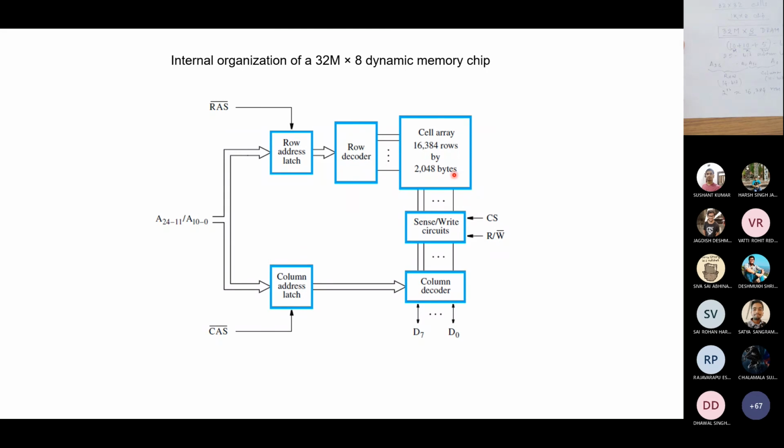Which one will be selected depends on the value of this. That's why we call this the column decoder. The column decoder decodes it, selects only one of those 2048 bytes and passes it through.